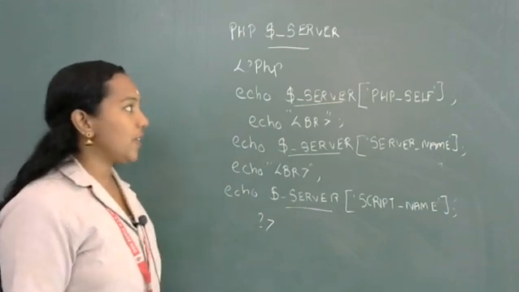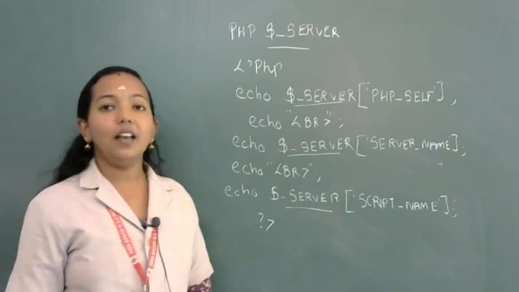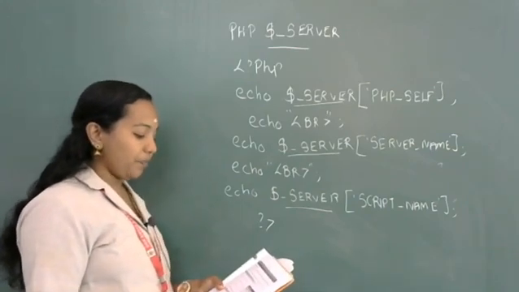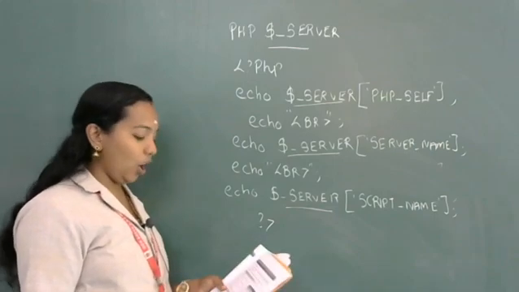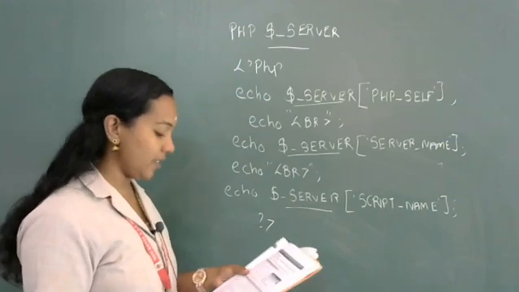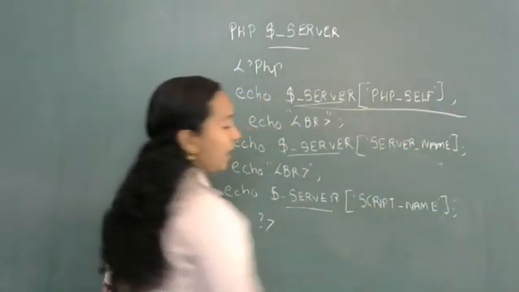So first one is PHP_SELF. PHP_SELF means which PHP program we are executing. It returns the file name of the currently executing script.